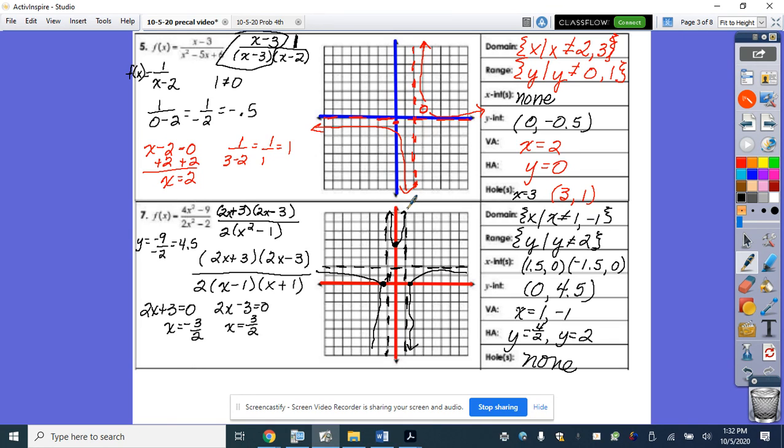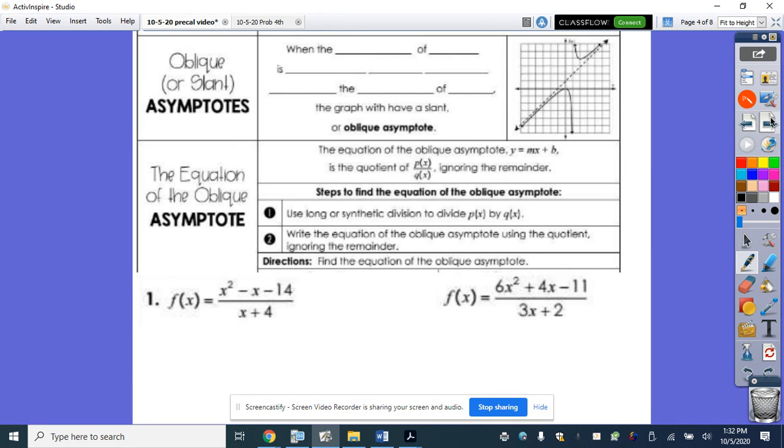As we look at some of this, I think the big thing is to go back through and make sure you factor first, and then use this format to help you get through all those points that you need in order to graph. Now, just a reminder about slant asymptotes. When you do a slant asymptote, I don't care whether you long divide or synthetic divide, but if you need to divide, you need to divide.